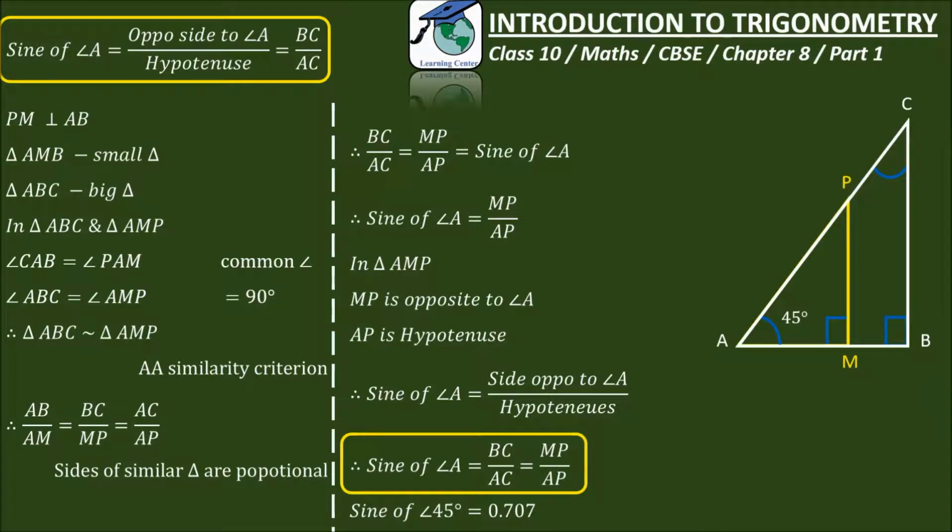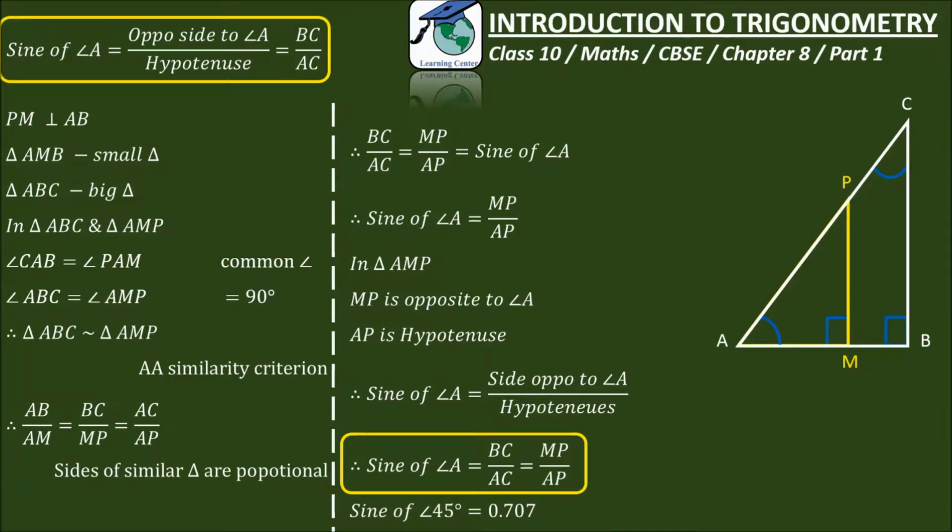So, for any right angle triangle, the value of sine of 45 degrees is always 0.707. How this value came, that we will see later in this chapter, but it is always the same.